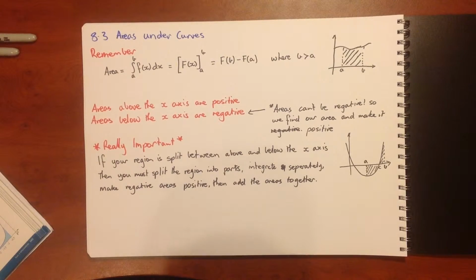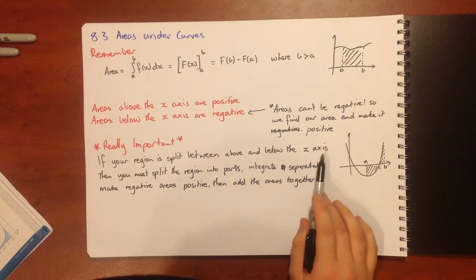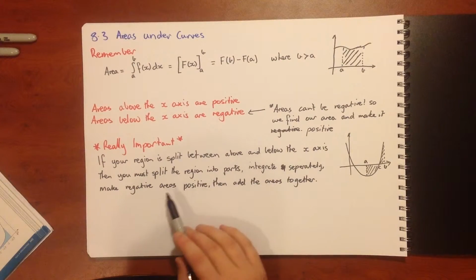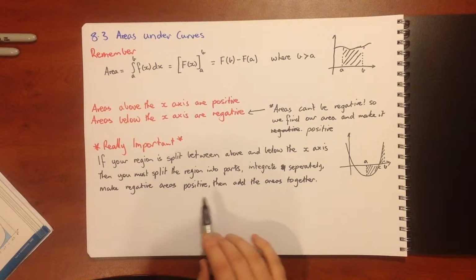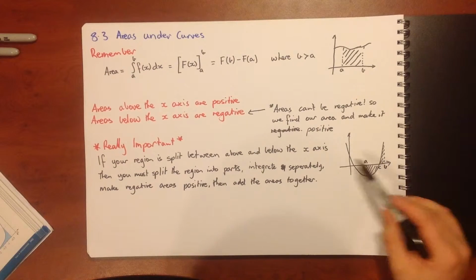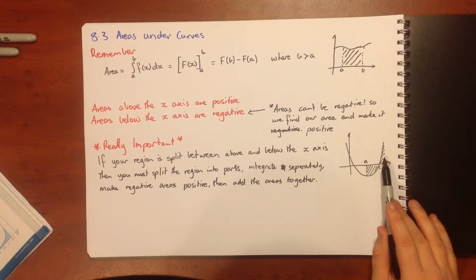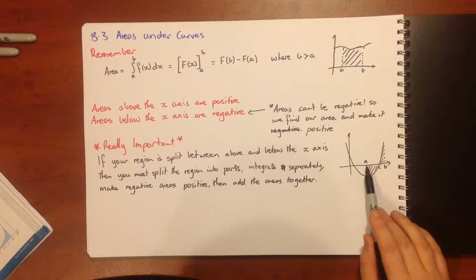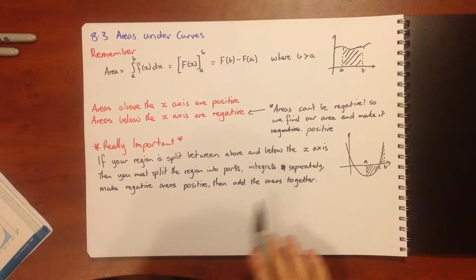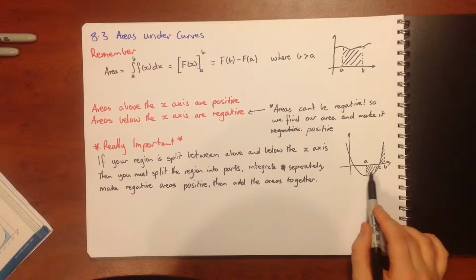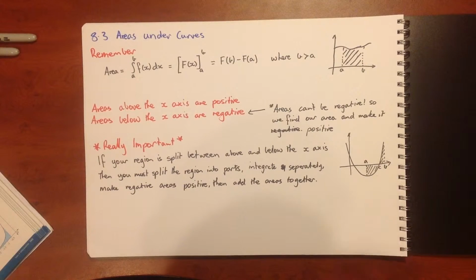If your region is split between a section that's above and below the x-axis, then we need to split the region into parts, integrate them separately, make the negative area positive, then add them together. The problem we get in a situation like this, where part of our region is below the x-axis: this area, if we just went from a to b, is completely doable, but this part is going to be negative and this part positive, so they're going to cancel each other out, and the area won't be correct.